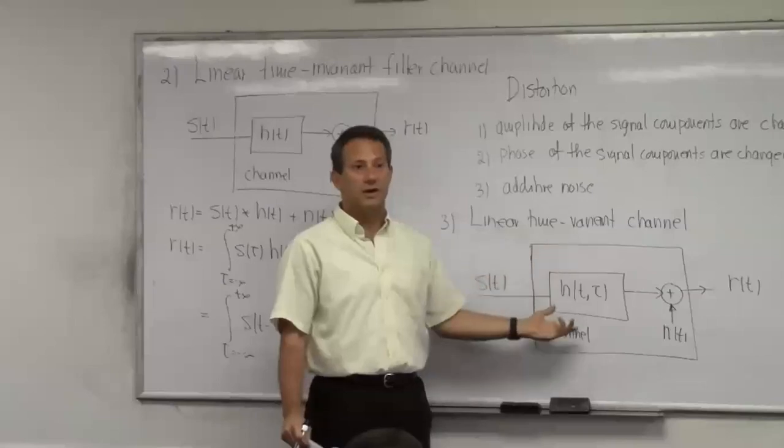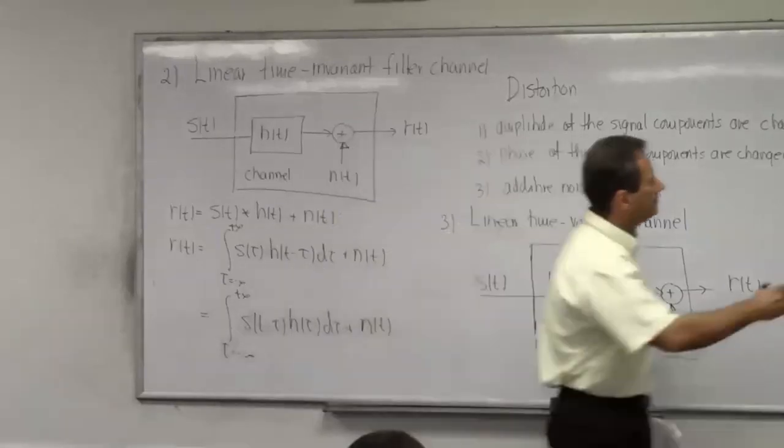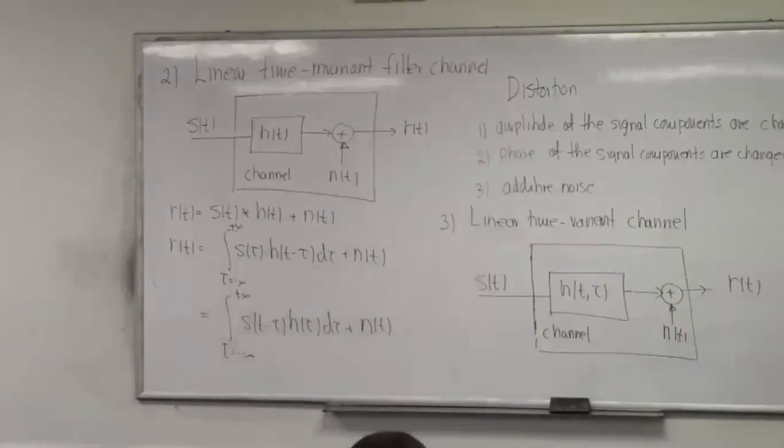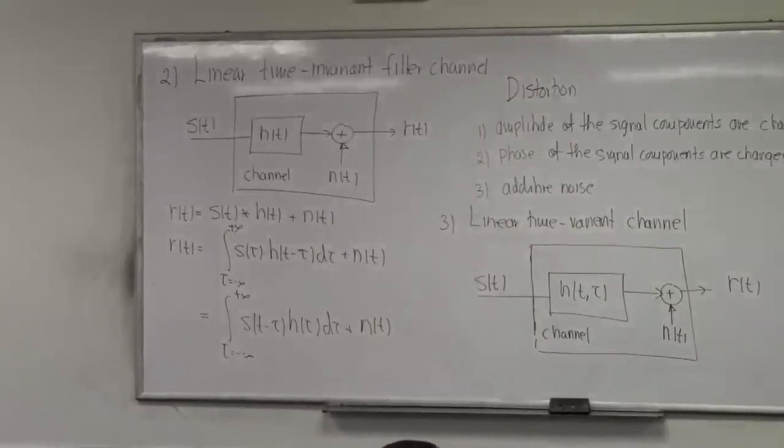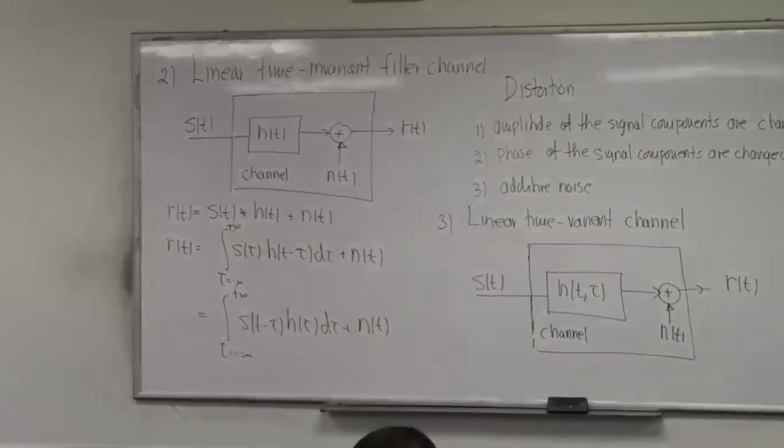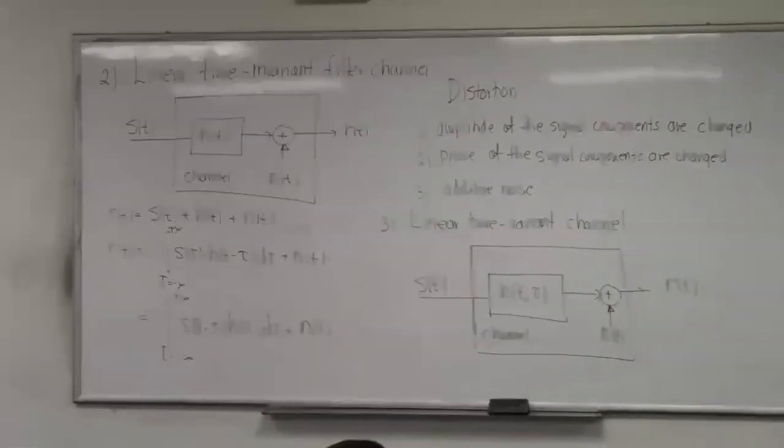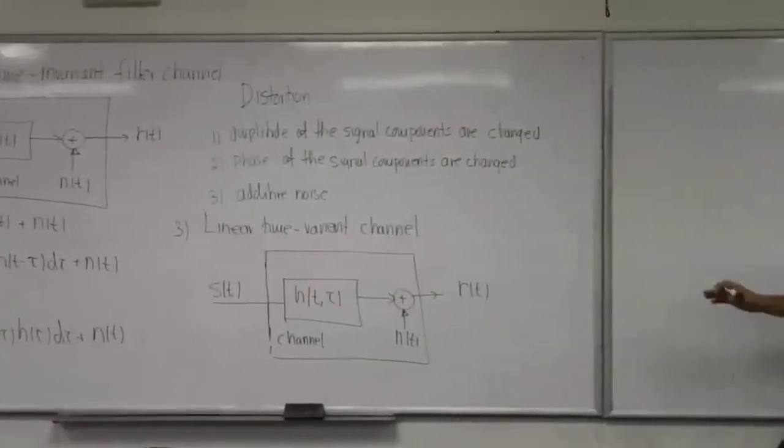Now, how do we calculate R of t in this particular case? The channel is still linear, therefore the convolution still holds.